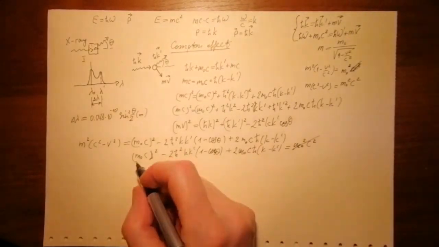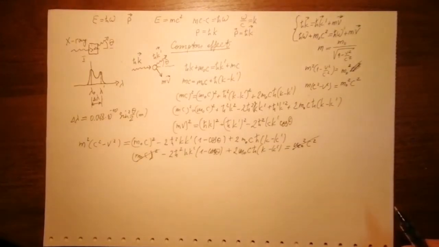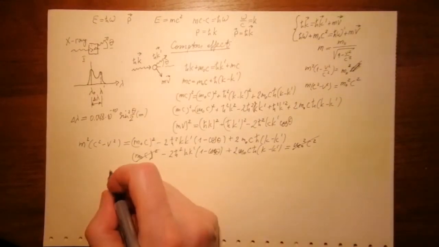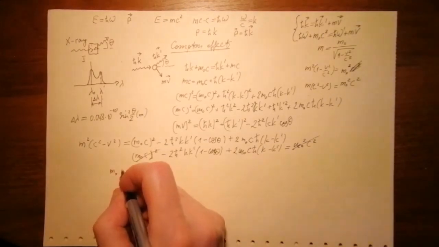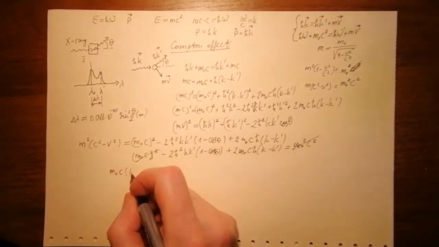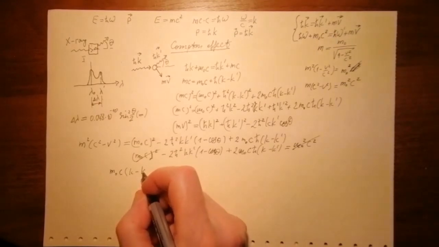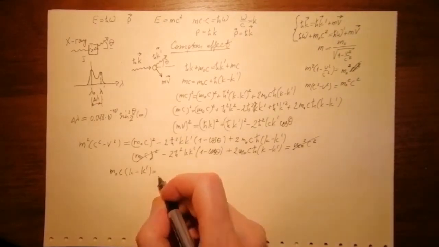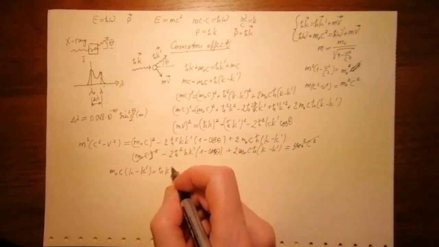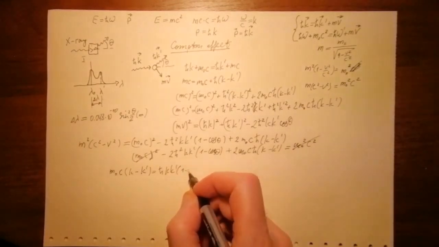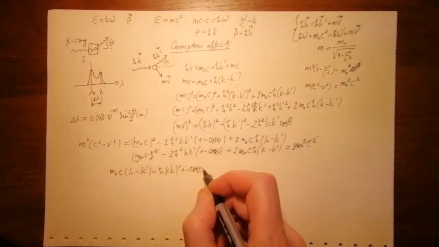So this and that are cancelled. And finally, we have that m0 c (k minus k prime) is equal to h k k prime (1 minus cosine theta).